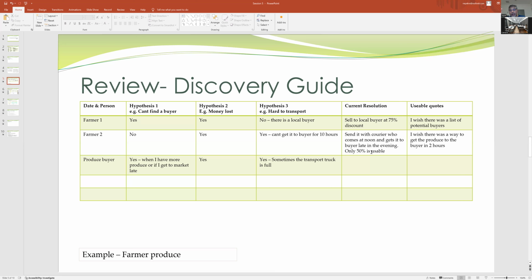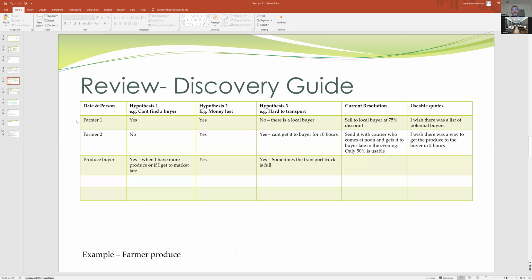But along the way, it takes 10 hours, and therefore 50% of it gets bad, and I'm losing money. I wish I could get an alternative to the courier system, which will get my tomatoes to the person more easily. Or an alternative way where I can send it to a hub, where all my buyers are. Right now, my buyers are all over the place. Okay, so that is farmer 2.